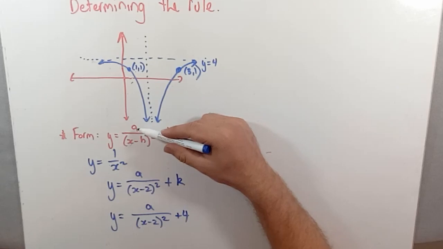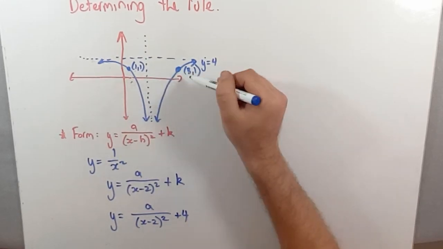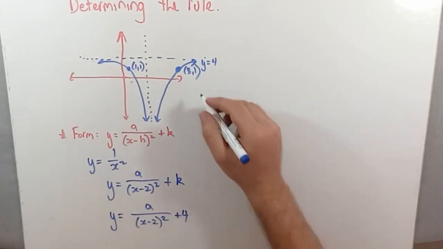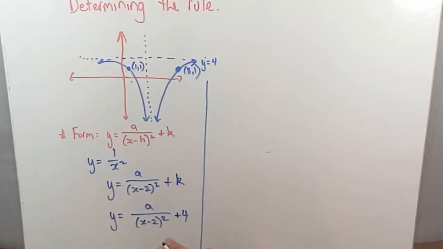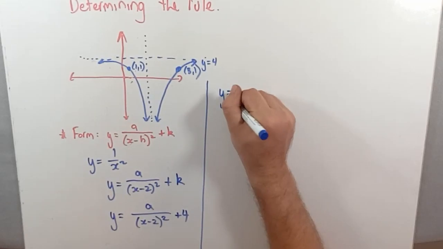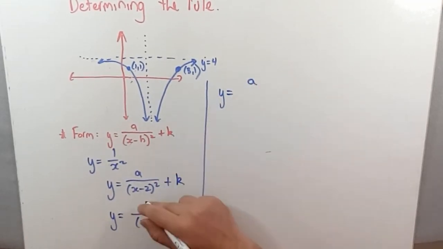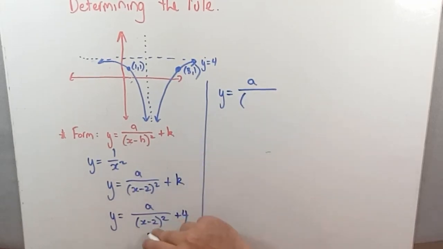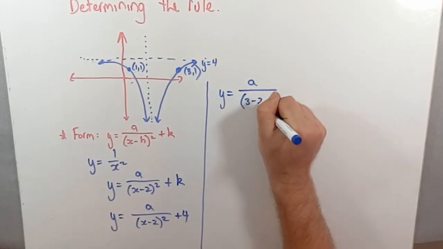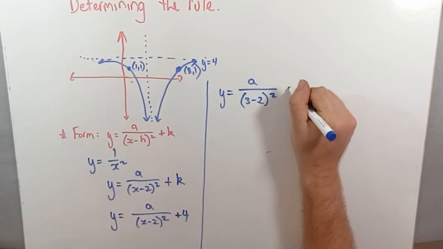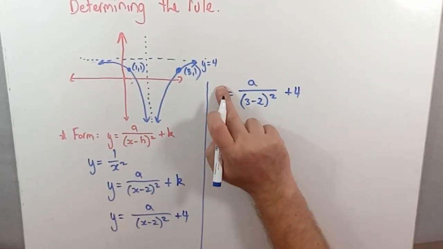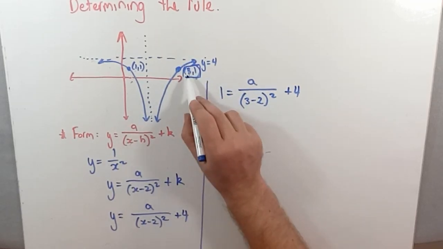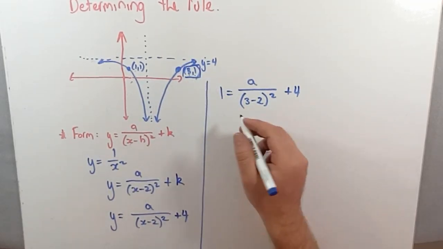Okay, so to find a, we can stick in one of our points. Let's stick in this (3, 1) and see if we can solve for a. So we've got y equals a on (x minus 2), so that's 3 minus 2, all squared, plus 4, and that is going to equal 1. That's putting in this point: the x is 3 and the y is 1.